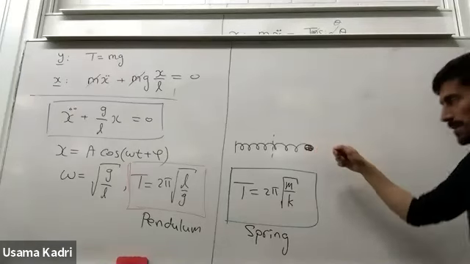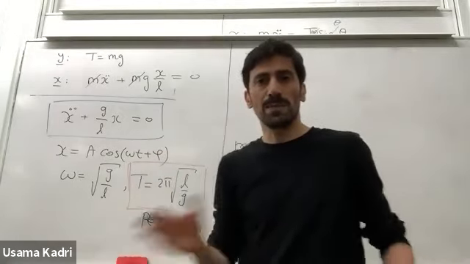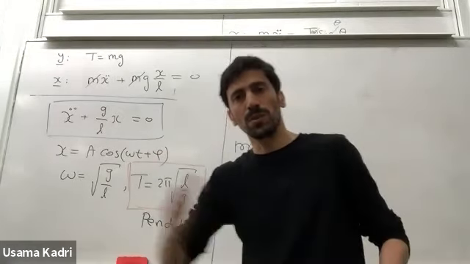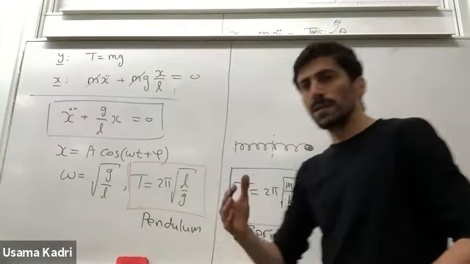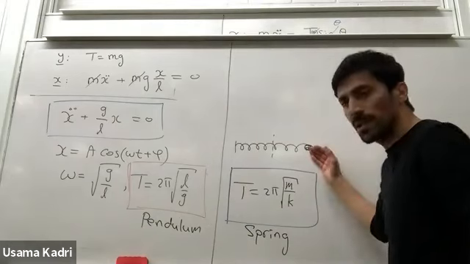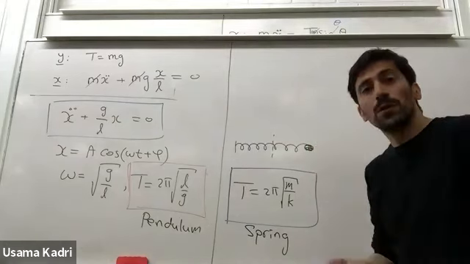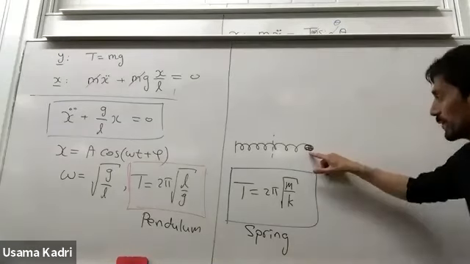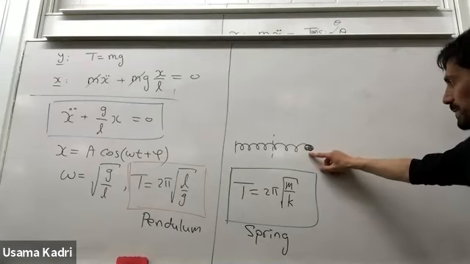The spring doesn't care which mass is there. The force is always the same at that point. The force has to do with the distance from the restoring point, right? It doesn't really care if you put 10 kilograms here or 1 kilogram here, which means the force is the same. But the mass is changing.